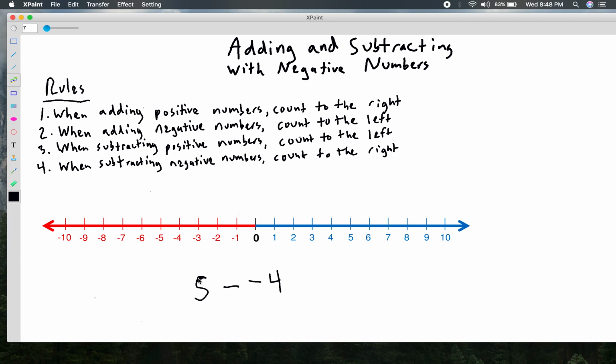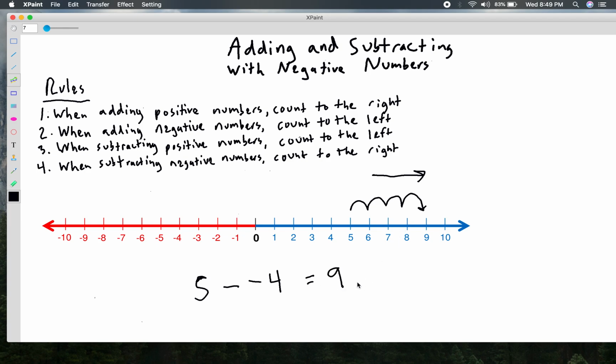This is where things get tricky. This last one is really tricky. So 5 minus negative 4 says count to the right. When subtracting negative numbers, count to the right, which means we're supposed to go this direction. 5, if I go to the right, 1, 2, 3, 4, gives me a positive 9.